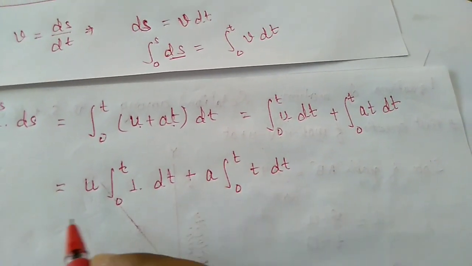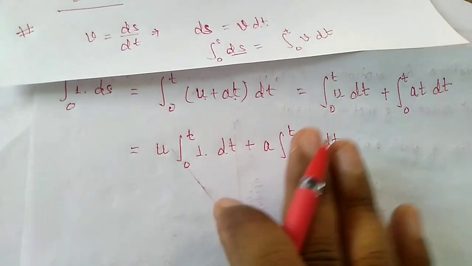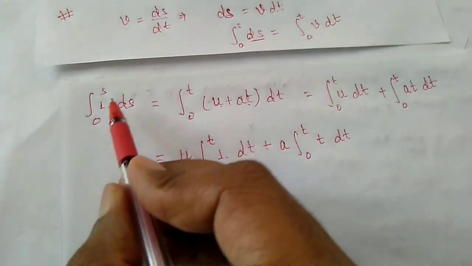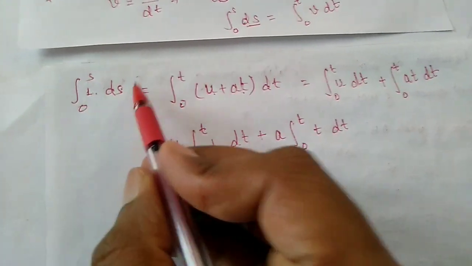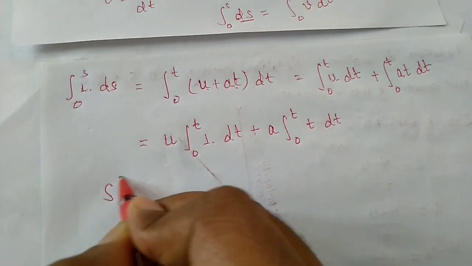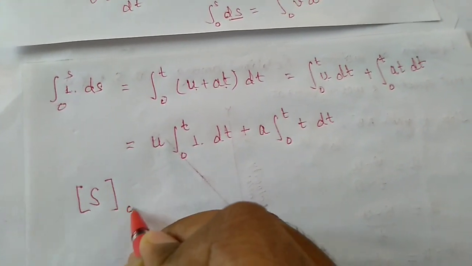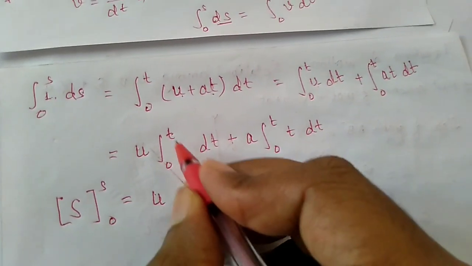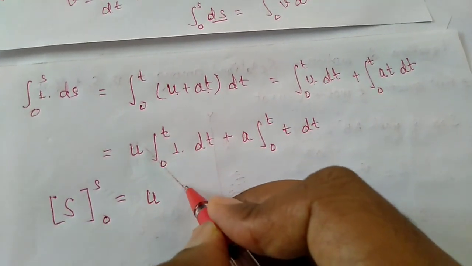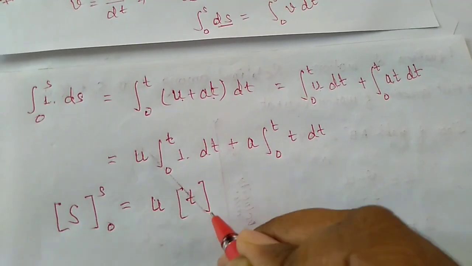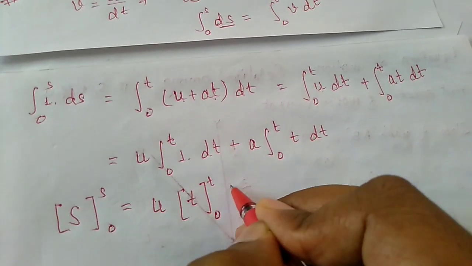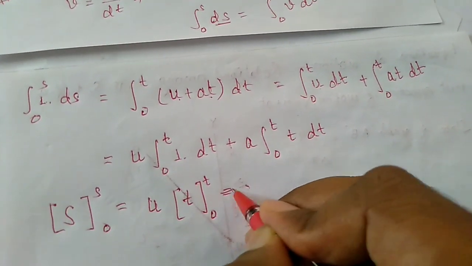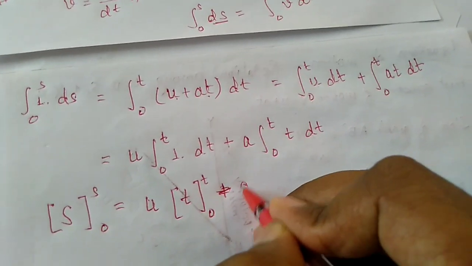The rest of them will be outside, like here we have done. So on integration of 1 ds, you know that integration of 1 is the factor itself, s, with limits 0 to s, is equal to u, the function itself again, t, with the limit 0 to t, plus a.